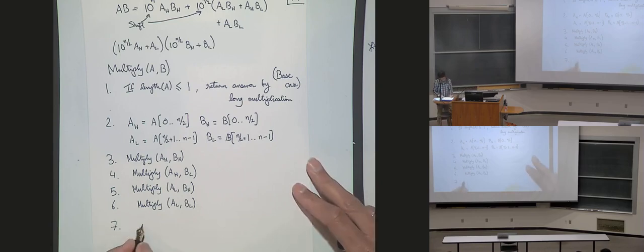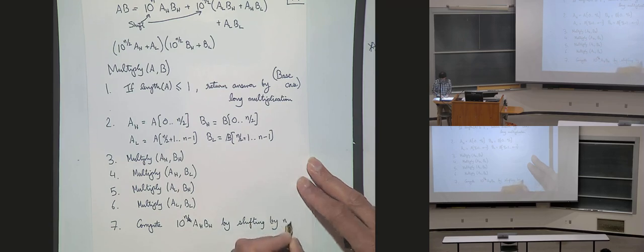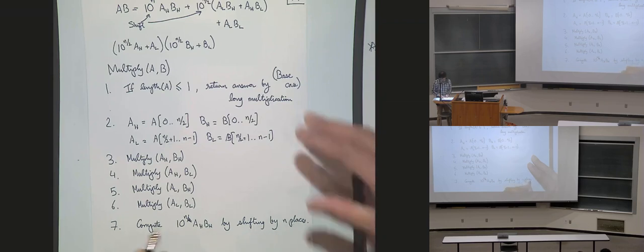And so then compute 10 to the n times AH BH by shifting by n places. Right?